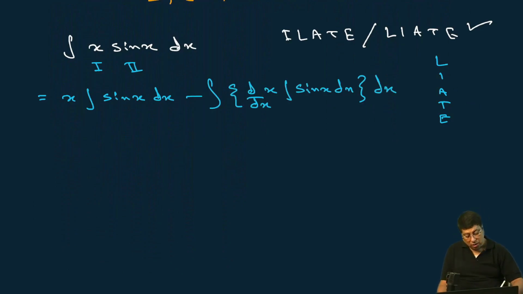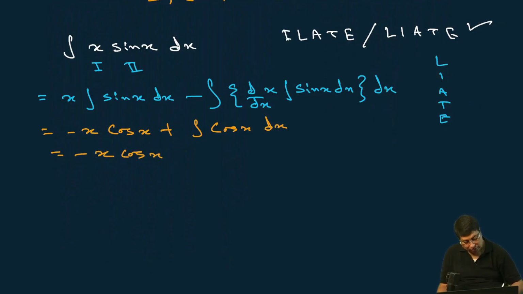Is that so? x times the integral of sin x, which is minus cos x, minus the derivative of x, which is 1, times the integral of sin x, which is minus cos x, on total x. So minus x cos x, the integral of cos x is sin x, plus c. It is over.